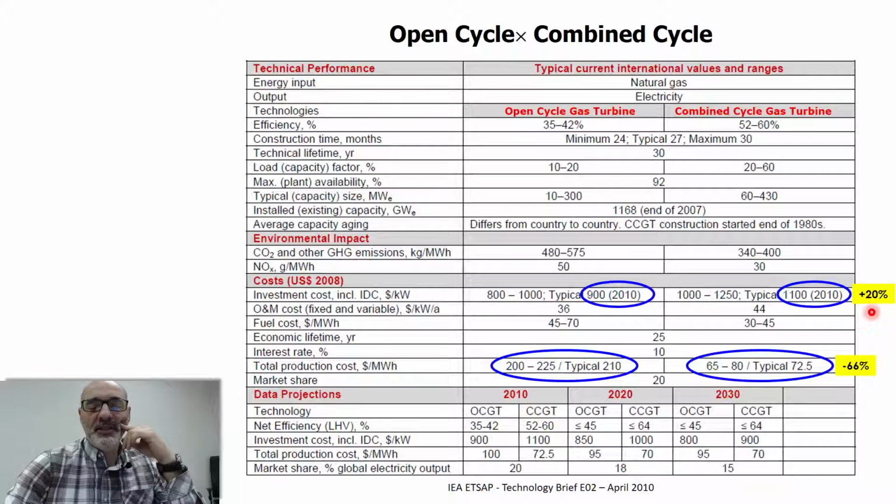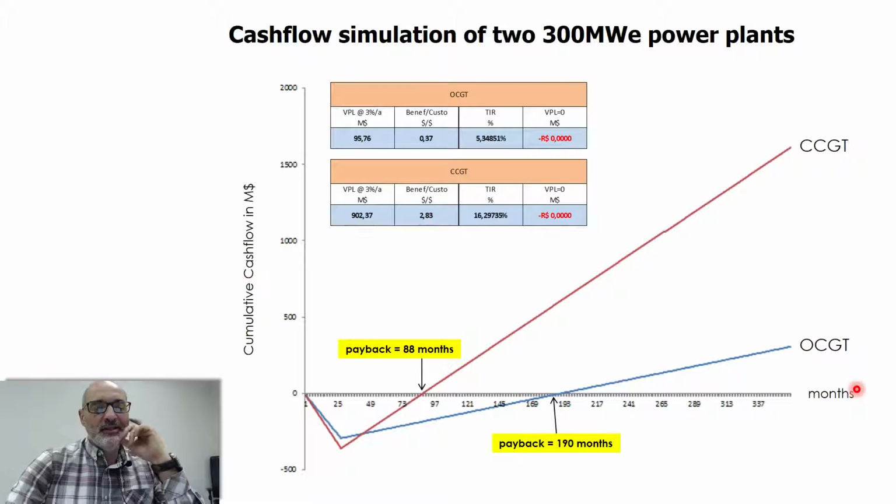You invest more, but you get more income during the operation of your power plant. So that's why the tendency is to use combined cycle power plants, because the necessary investment is not that high and the revenues are considerably higher.